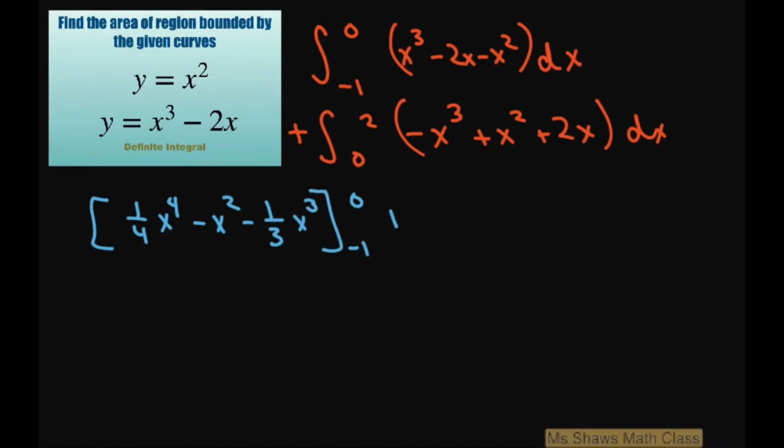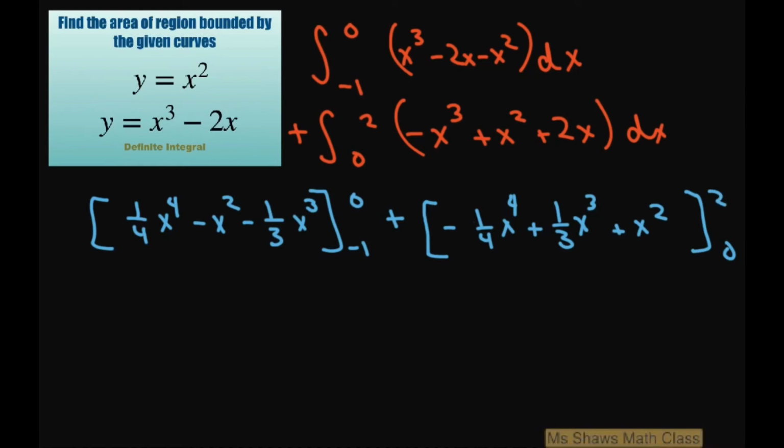And then plus, for the second, let me rewrite these, I got them out of order: negative 1/4 x to the power of 4 plus 1/3 x cubed plus x squared. And this is from 0 to 2.